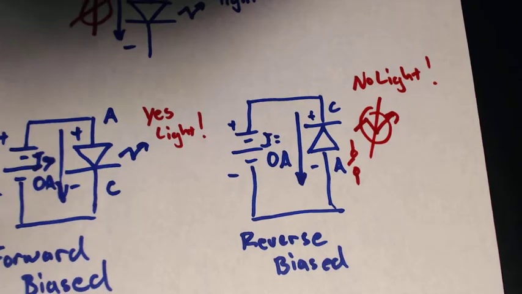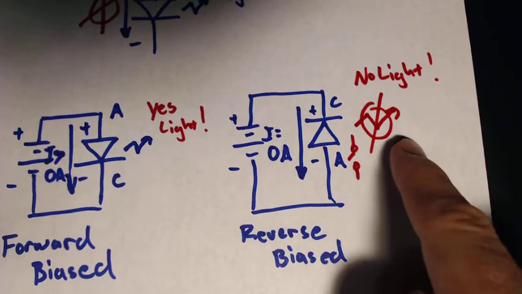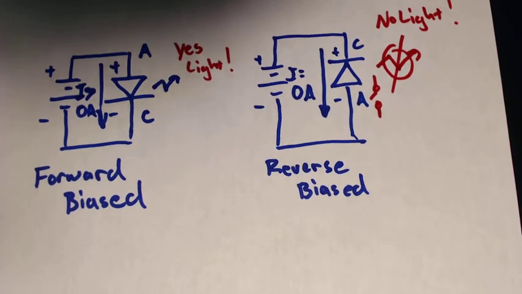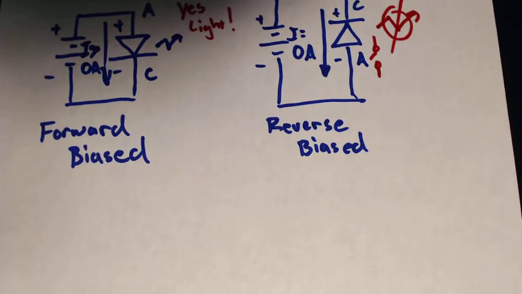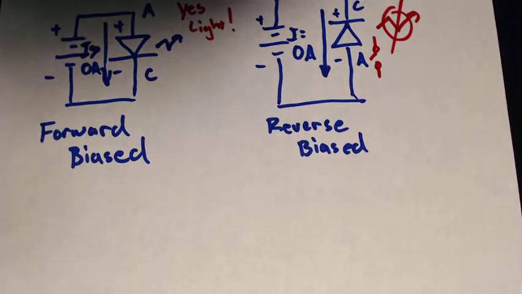Okay, so yes, light when it's forward biased, no light when it's reverse biased. Now, to get into this deeper understanding, we need to talk about a characteristic that every diode has. This characteristic is called the forward voltage.